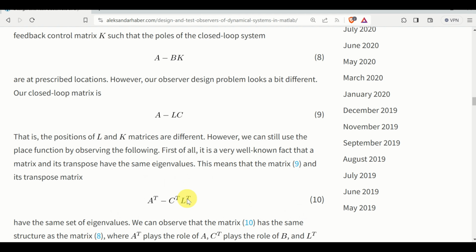That is, we will design the matrix L transpose such that the eigenvalues of this matrix are at the desired locations. This means that the eigenvalues of this matrix will be at the desired locations simply because this matrix and this matrix have the same set of eigenvalues.